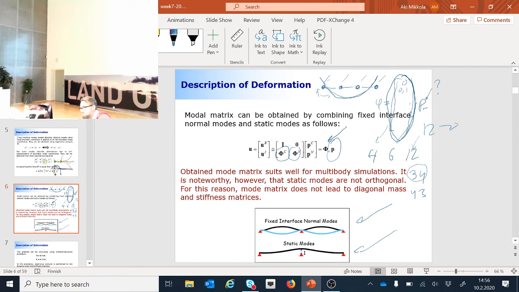How much? That I don't know, but that's going to be something that I'm going to find out later. Not now, but later. So when I'm moving from my nodal degrees of freedom to my modal degrees of freedom, I'm looking at the way the structure can deform multiplied by the corresponding amplification. Makes sense?